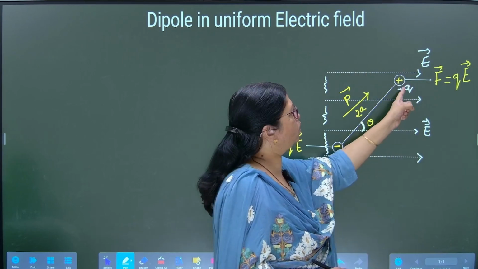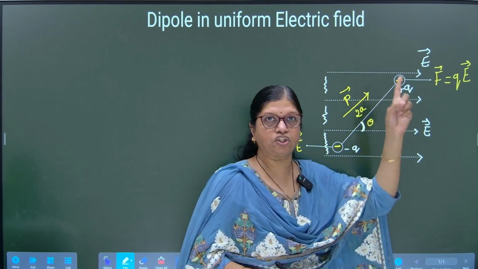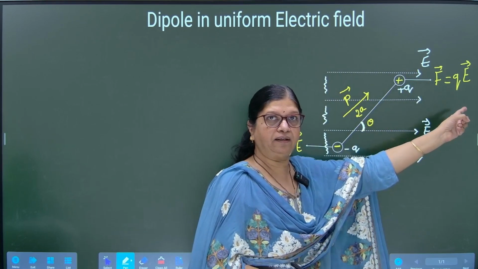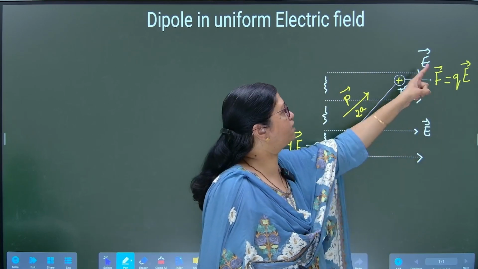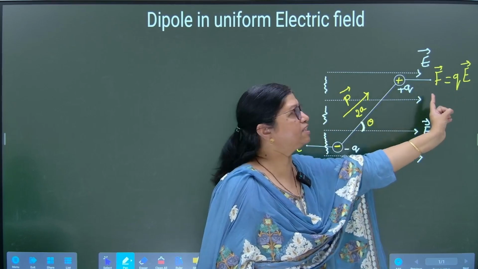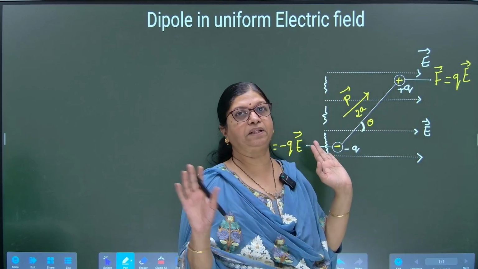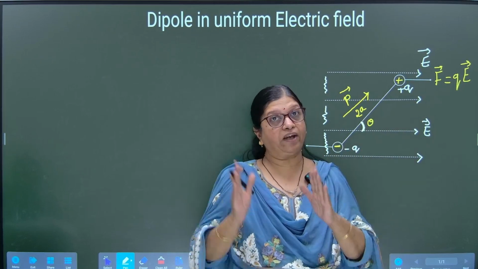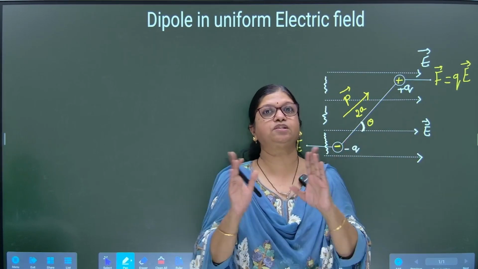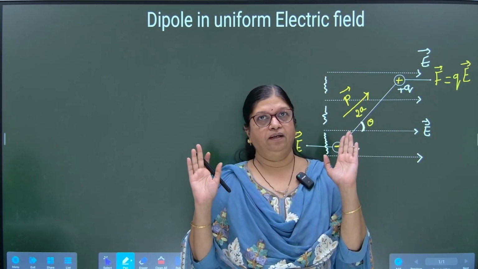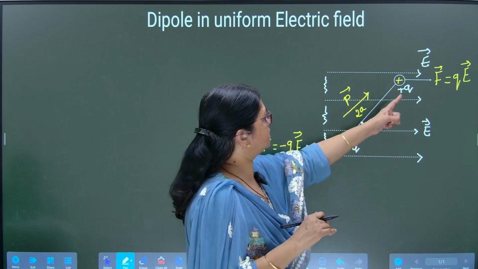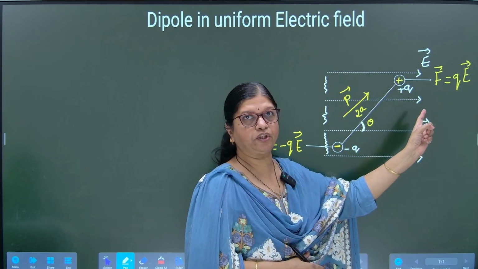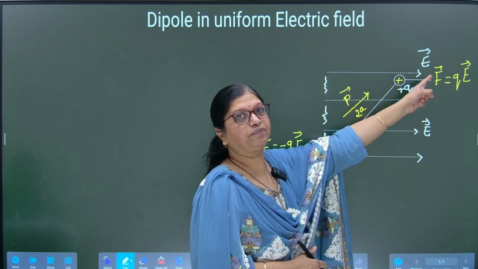The force acting on the positive charge q due to the electric field will be in the direction of the electric field itself. That's why there is no negative symbol there. In physics, a positive symbol means directions are the same between the two vectors on LHS and RHS. That has to be understood by now. Okay, so this is the force acting on the positive charge q due to this uniform electric field.